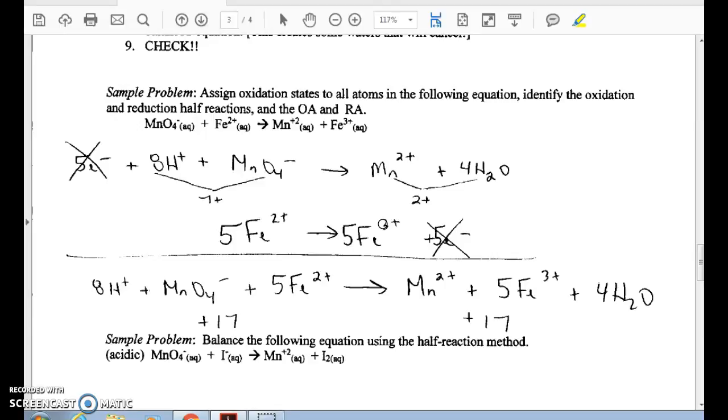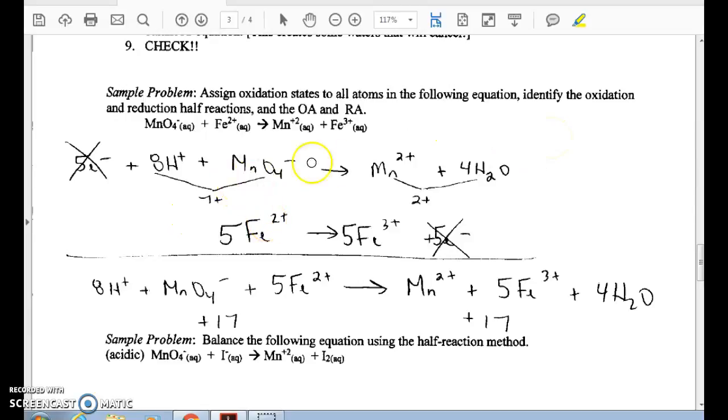So since these occur in aqueous solution, I can always add water to the side that does not have as much oxygen in order to balance oxygen. I also add hydrogen to the opposite side, H+, because many of these occur in acidic solution, and that then allows me to balance out the hydrogens that I've added.